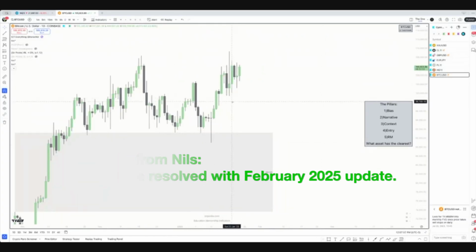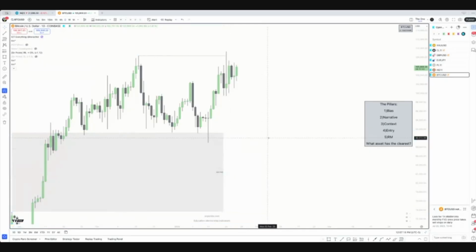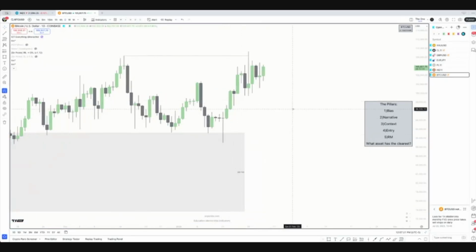Once you go to the daily, we're able to see that we came into the gap and completed that context. So that's why I'm manually drawing the monthly fair value gap right here in order to continue with the example, because the indicator deletes it once context is complete, right?